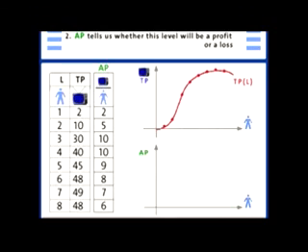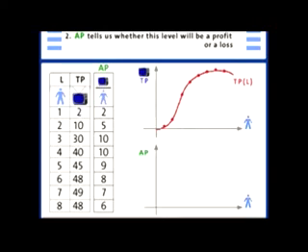So let's do that. The average product, again, is total output divided by the total number of workers. So up here we see that a total output of 2 televisions when we have 1 worker gives us an average product of labor of 2 TVs per worker. So I'll put this in at 2 TVs per worker. And here we've got 2 workers producing 10 TVs for an average product of labor of 5 TVs per worker.